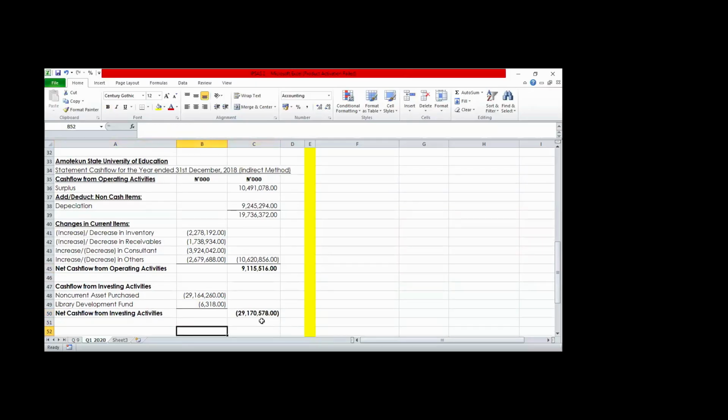Then the next one will now be finance. Cash flow from financing activities.